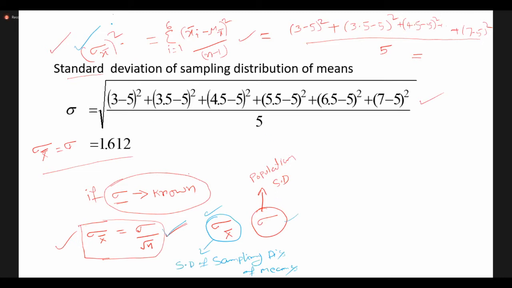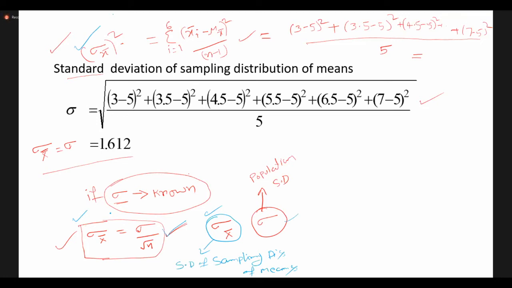Yesterday we discussed one problem. In the question, they asked to find the population mean and variance. That's why in the previous problem we directly used sigma, the second formula. This one we used yesterday. But here, in the question, they are not asking for the population mean and variance. Directly they are asking for the mean of the sampling distribution of means and the variance of the sampling distribution of means.